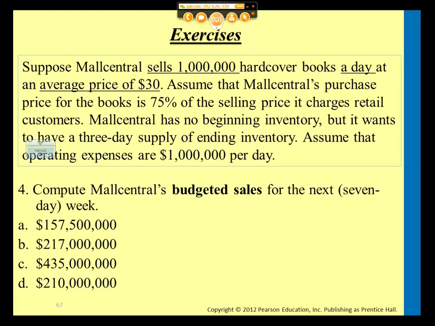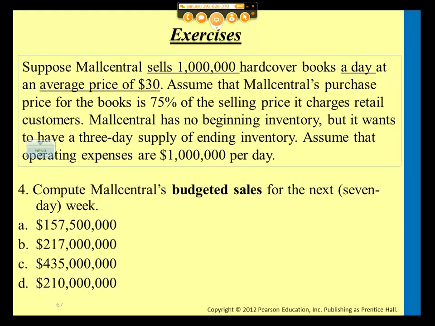Suppose Mall Central sells 1,000,000 hardcover books a day at an average price of $30. Assume that Mall Central's purchase price for the books is 75% of the selling price if it charges retail customers. Mall Central has no beginning inventory, but it wants to have a 3-day supply of ending inventory.